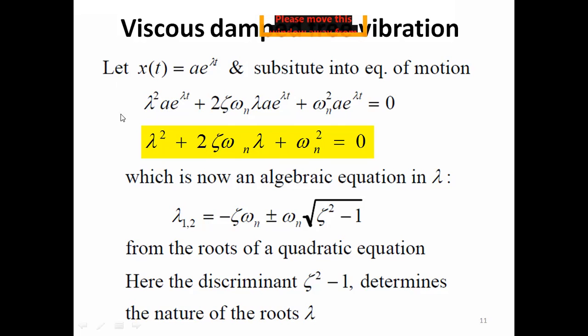So it means that either exponential lambda t is equal to 0, or whatever we have inside the parentheses is equal to 0. That's because the product of the two quantities is 0. But we know that a exponential lambda t is actually the displacement, and all the time during the vibration, this displacement cannot be equal to 0. Otherwise, there would be no vibration.